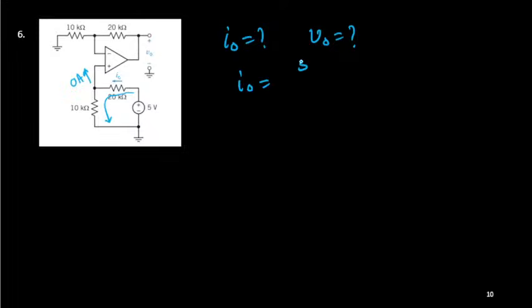Current is simply 5 upon total resistance, that is 20 plus 10, 30, in milliampere. Am I correct?